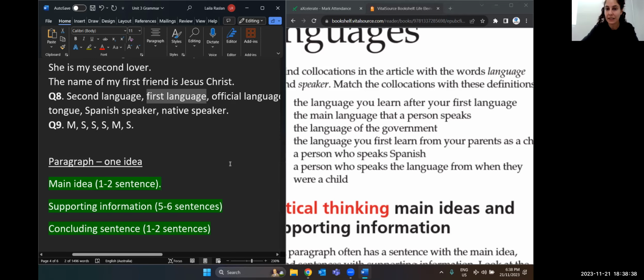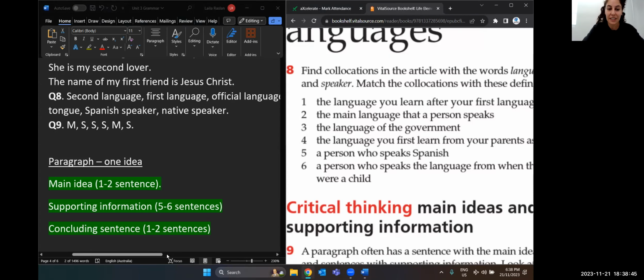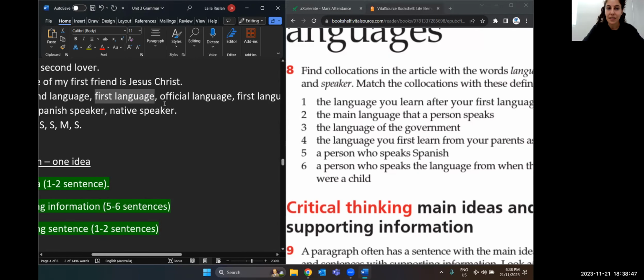They're the same meaning. But what about the language of the government? What's that called? So in Australia, the official language, that means that's the language that the government speaks, is English. It's the language that the government of a country speaks. So in Colombia, it would be Spanish.